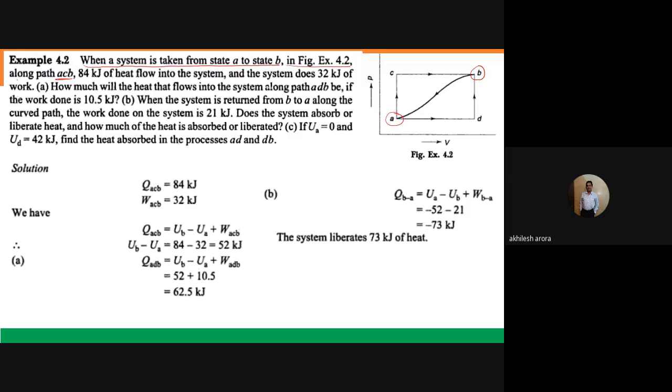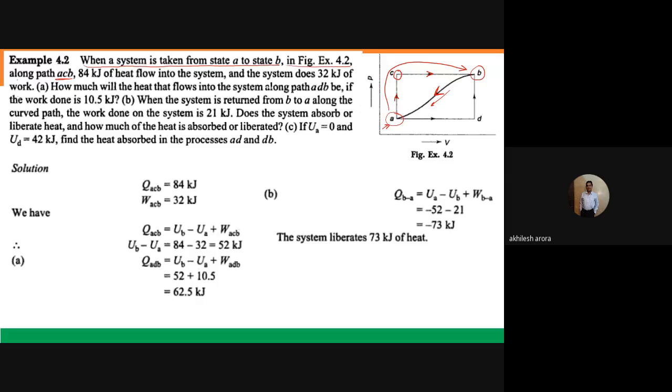So we are going from here to here along this particular path. The system is moving from A to C, and then from C to B. And then you can see the system is coming back to the original state via this particular path, and the cycle is ending at point A.